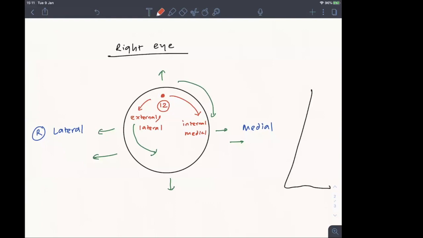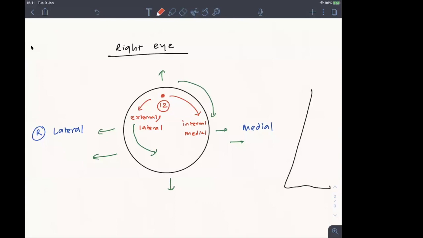If the point at the 12 o'clock position moves towards the nose, it is an internal rotation or a medial rotation. If it goes away from the nose, it is an external rotation or a lateral rotation. And the other movements are self-explanatory.